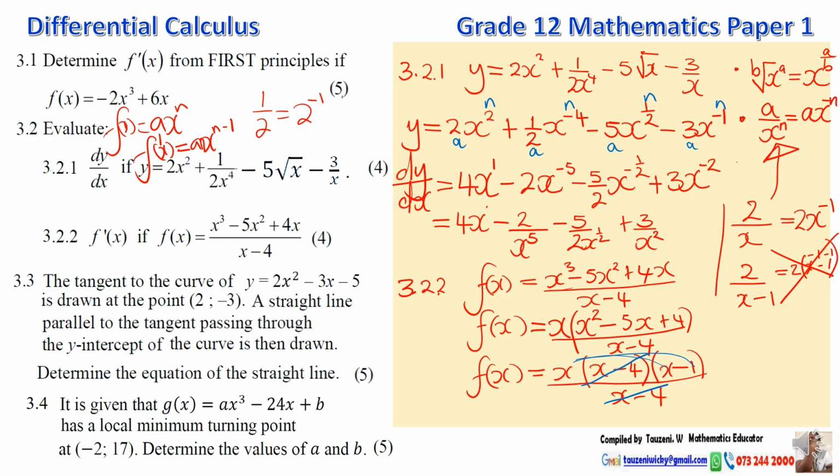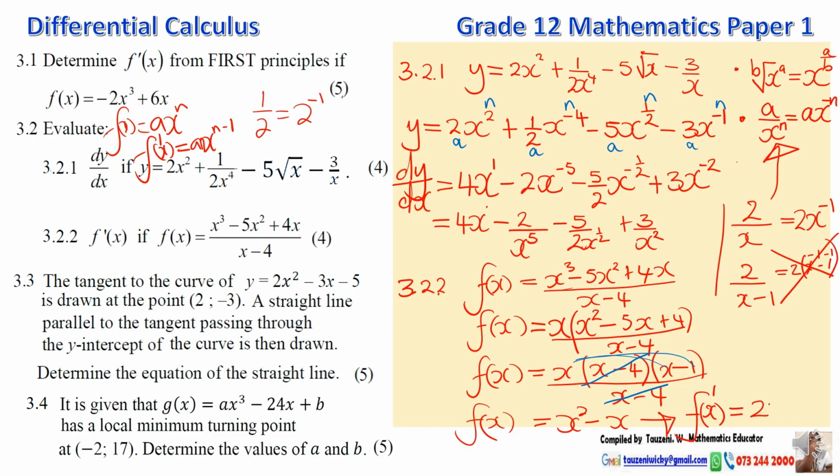So this is going to give us x squared minus x, and this is f of x. Let's notice that in all this we did not differentiate. We have just simplified the expression to make it possible to differentiate. After this, we can now differentiate.